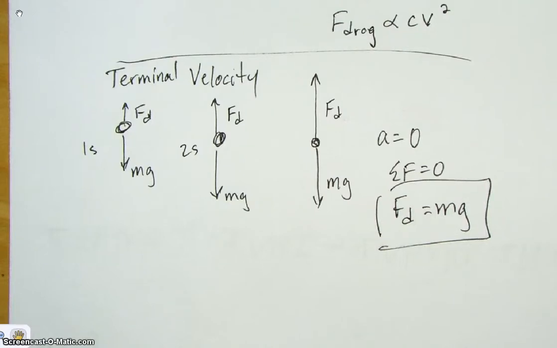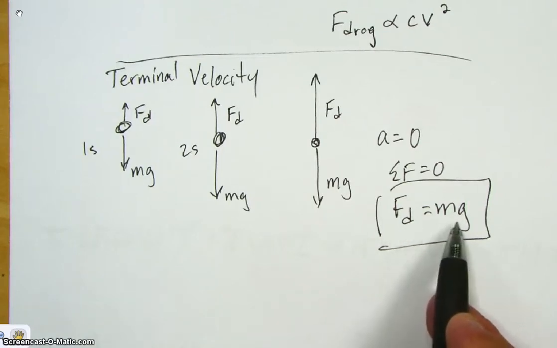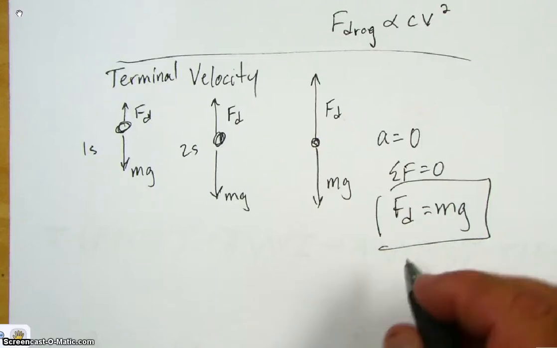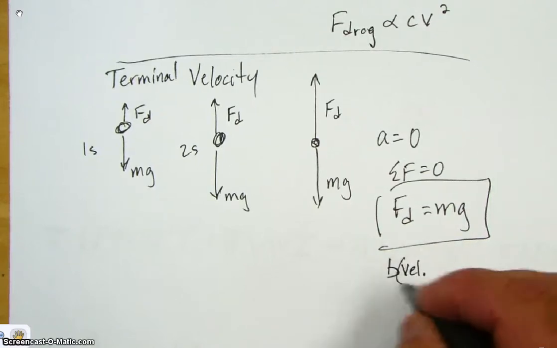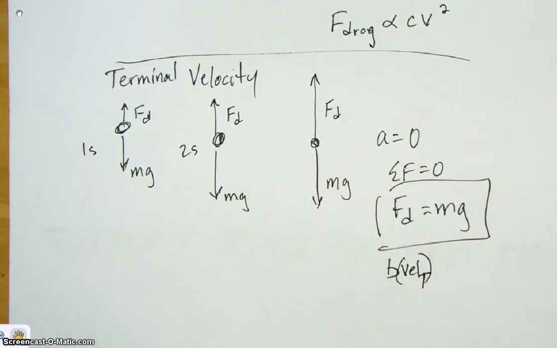Now, let's take a look at what that would be. For example, if I say that F drag is equal to mg, and I said F drag is equal to some constant times velocity, and I'm going to call this terminal velocity. I want to calculate what that terminal velocity is, at least mathematically.